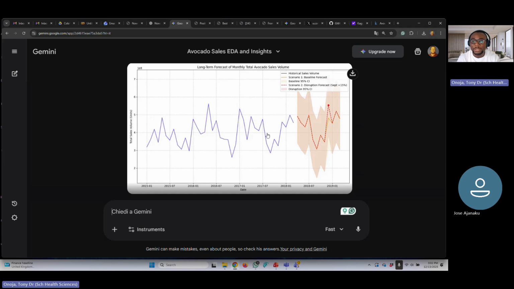So good. Let's see. This is a whole year prediction and also a short-term prediction. This is scenario 1, the baseline, where we see the historical sale volume in blue. Scenario 1 is very short term, just a period of 6 months.